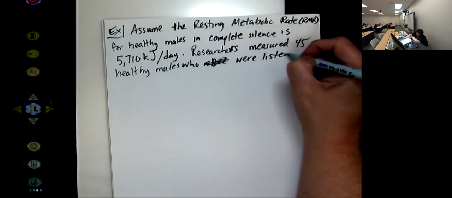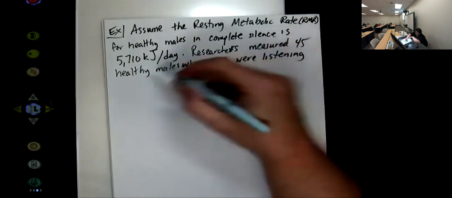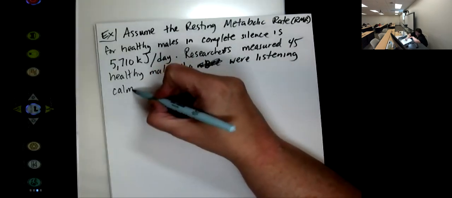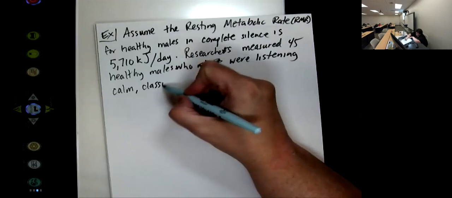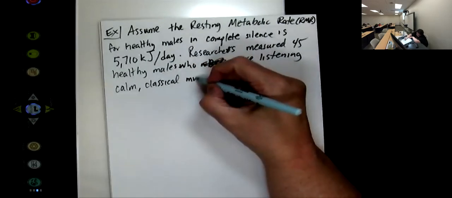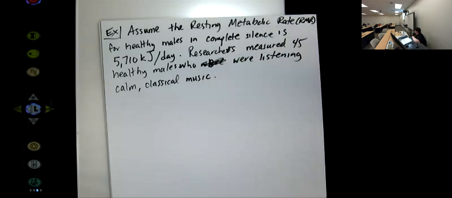Not just classical music, but calm classical music. There is classical music that is not calm. Flight of the Bumblebee is frantic as hell. Some of the music you see in sci-fi movies is classical music, and it's very ominous. It's not calming at all. But let's say they're listening to calming music.